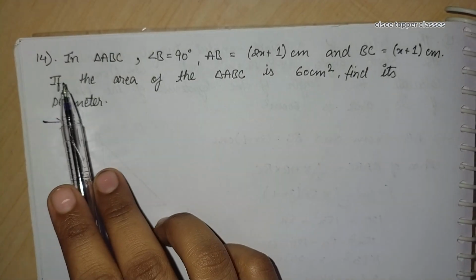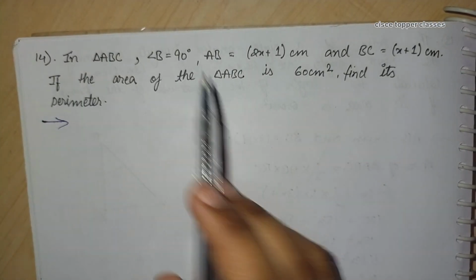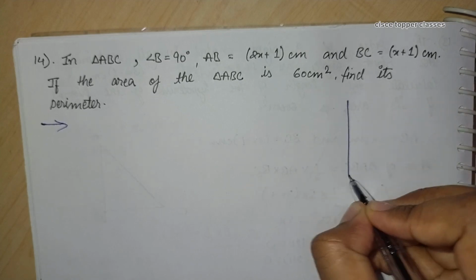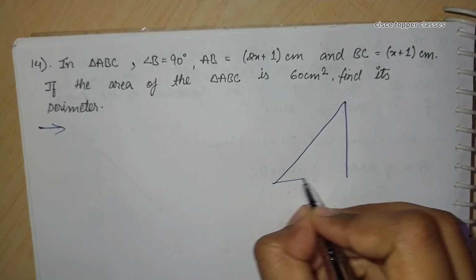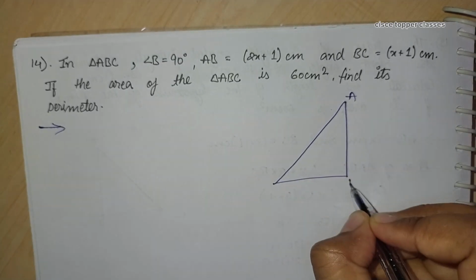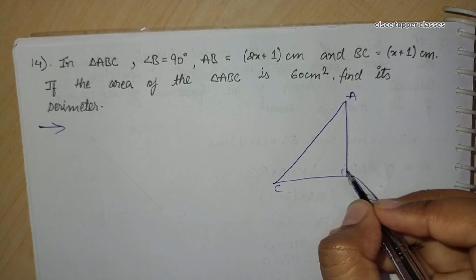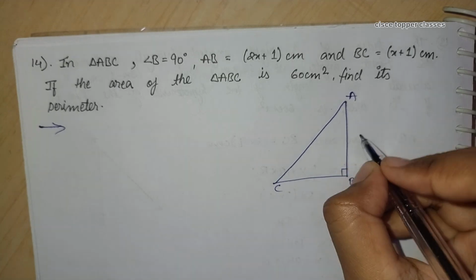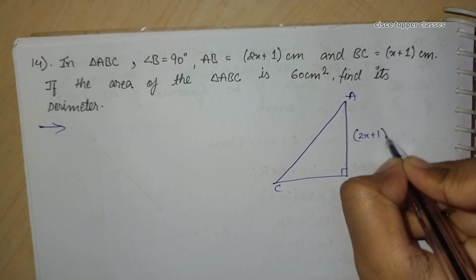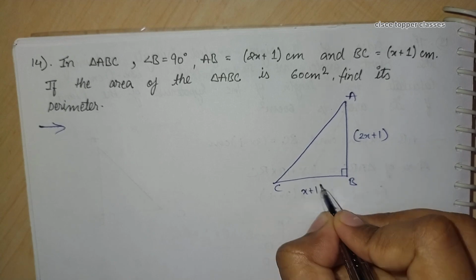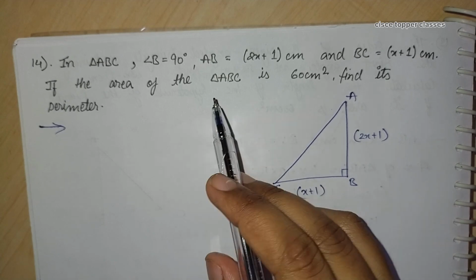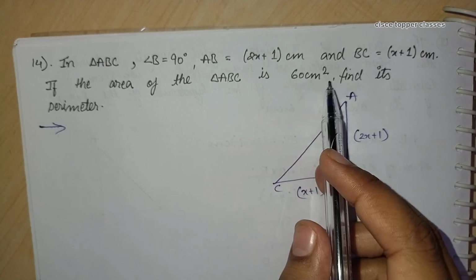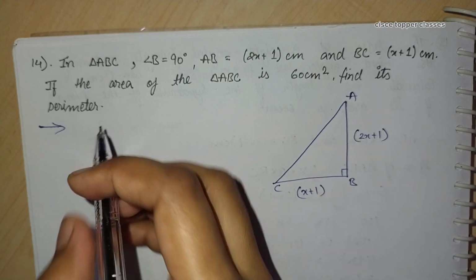Let us solve here the 14th question. In triangle ABC, angle B is equal to 90 degree. So let this right angle triangle be here ABC, and this is perpendicular 90 degree, and AB is given as 2x plus 1, BC is given as x plus 1. So here, if the area of triangle ABC is 60 centimeter square, we have to find its perimeter.